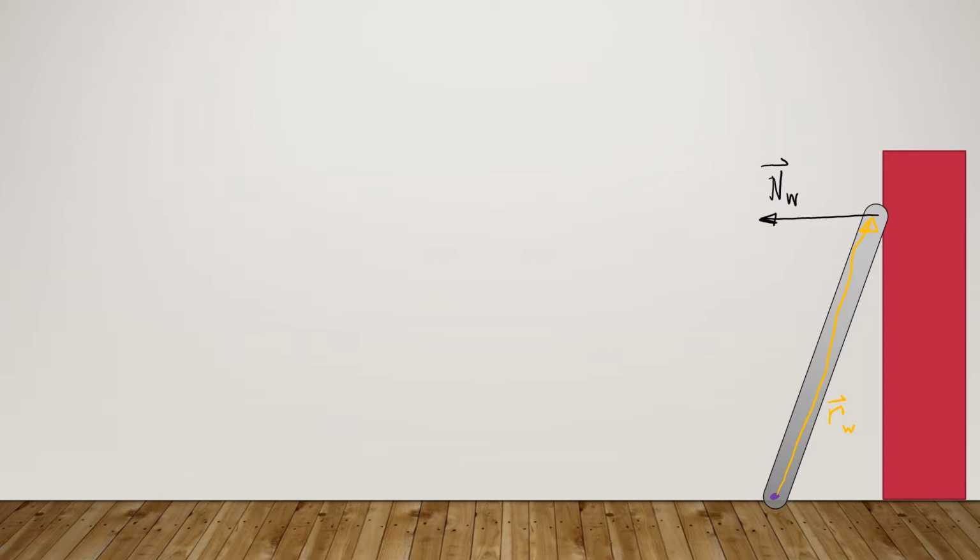But keep in mind, when I'm looking at this, I only want the piece of this normal vector that's perpendicular to the lever. So I'm going to make a right triangle out of this.